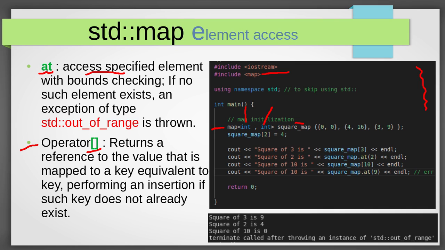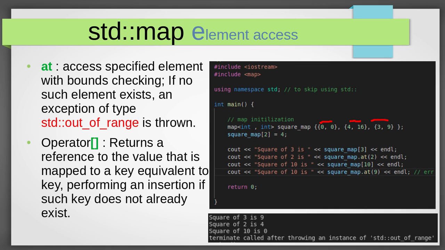This is the name of the map, square map, and here I initialized 3 pairs. Each pair has the key as an integer and its square as a value. So the square of 0 is 0, and the square of 4 is 16, and the square of 3 is 9.